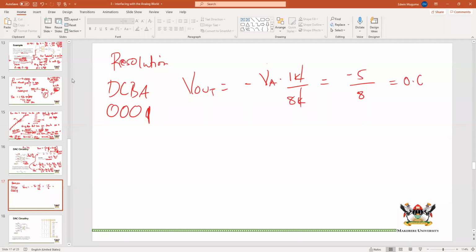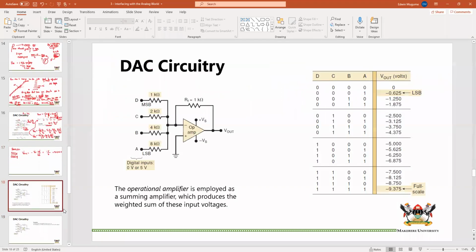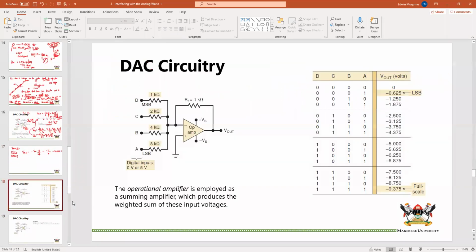And I think this is 0.625 volts. Now, if we come to our truth table, our resolution will be the case of A being 1 and the rest 0, which is 0.625. And that is the jump per step.